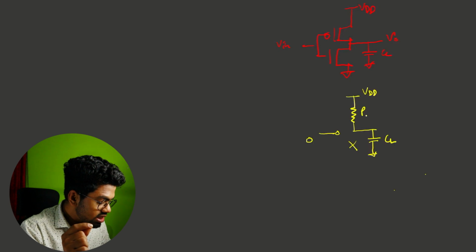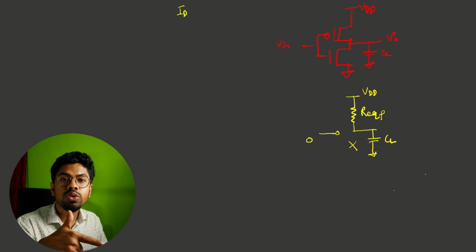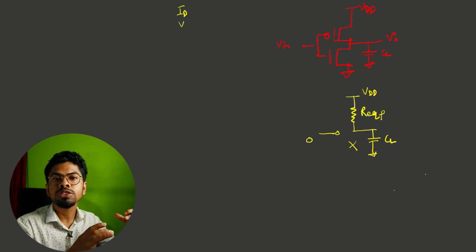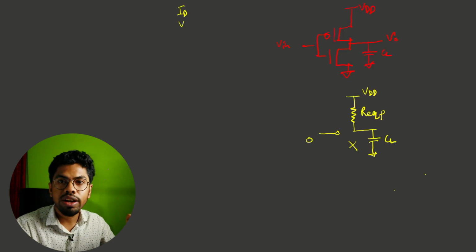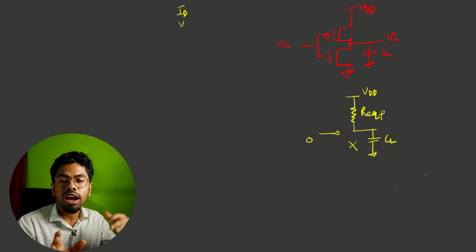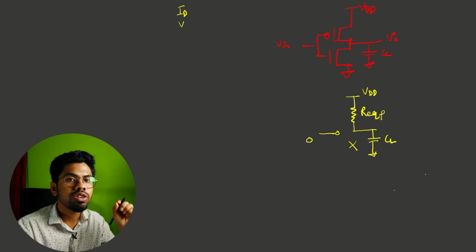And that resistance has some formula, as we have our ID expression for the current through a MOSFET, and also we have the voltage around that MOSFET. So it's very easy to find the equivalent resistance. But today that is not our concern, and for the purpose of an interview also it's not so important.